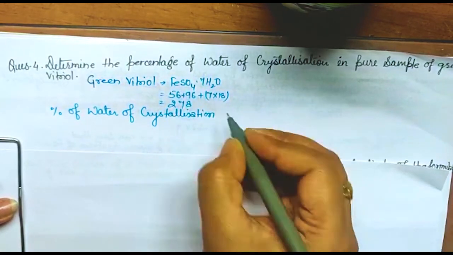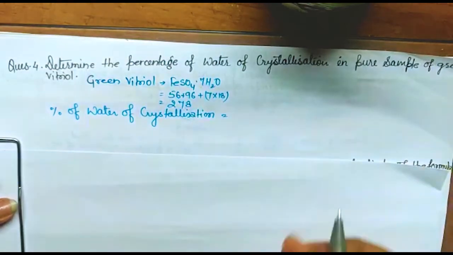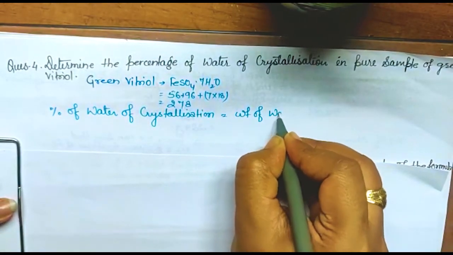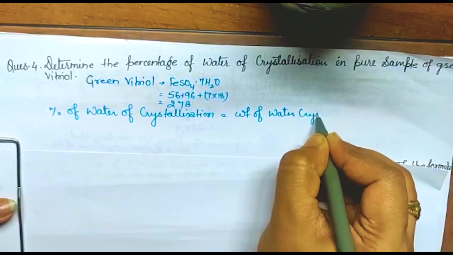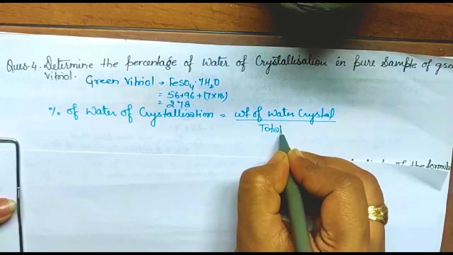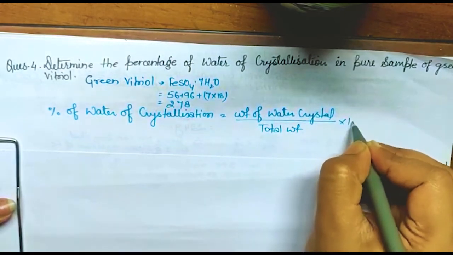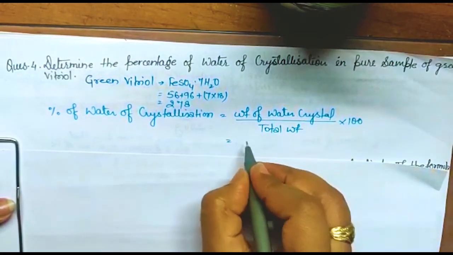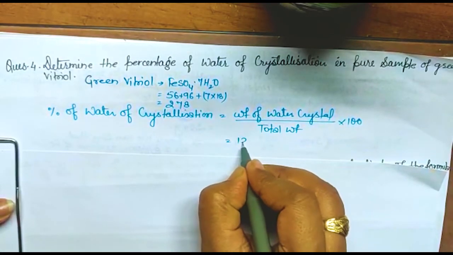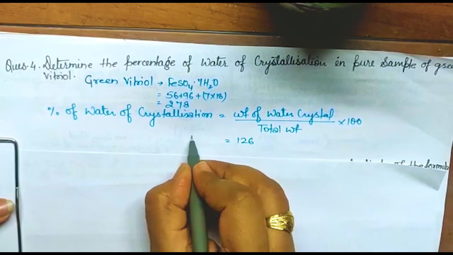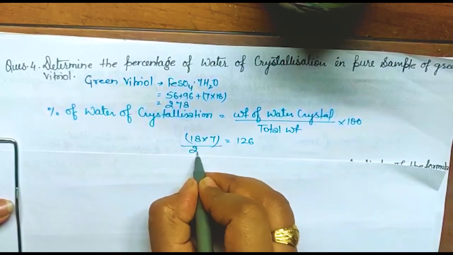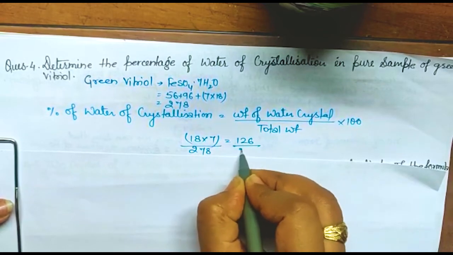Weight of that substance upon total weight, multiplied by 100. So the weight of water of crystallization is 18 7s, isn't it? This is 126, how it came, I'm writing over here, and total weight is 278. So this is 126 upon 278.